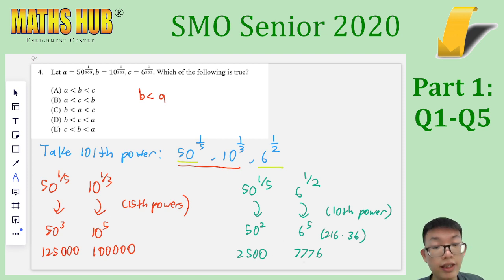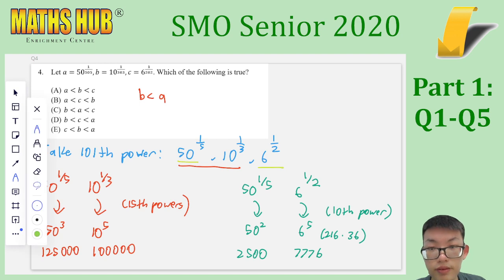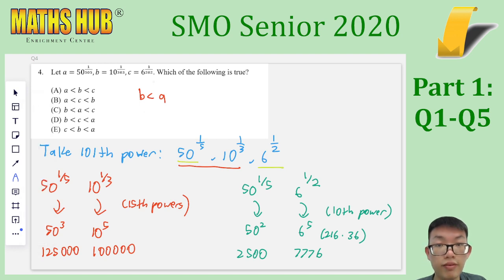So you don't actually need to calculate 7776, you could have just observed that it is bigger right away. This tells you that C is larger than A. And that gives us option C as our answer immediately.